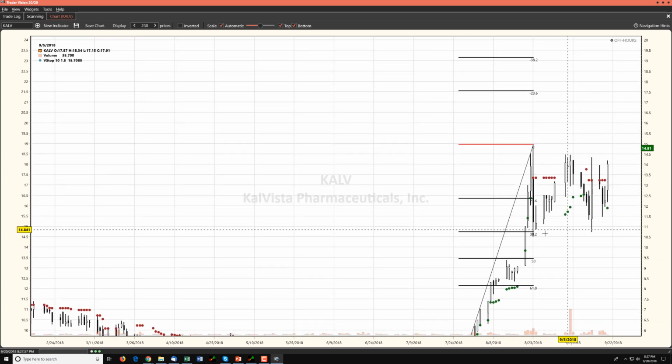Okay, so we had basically a 38.2 pullback of this run during our consolidation here. So I'd be looking at 23.6 as a first target. So let's call that 21.50. And if the stop were off of these highs and lows as protection, let's call it 16.25 as a stop.